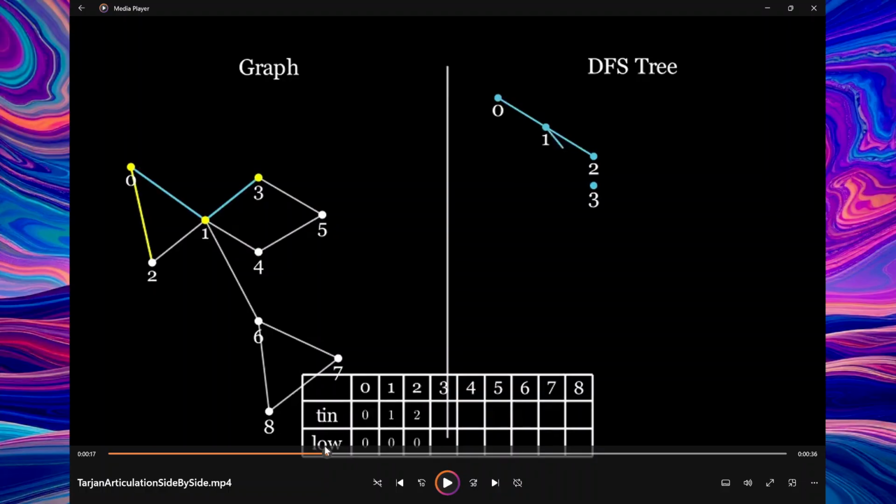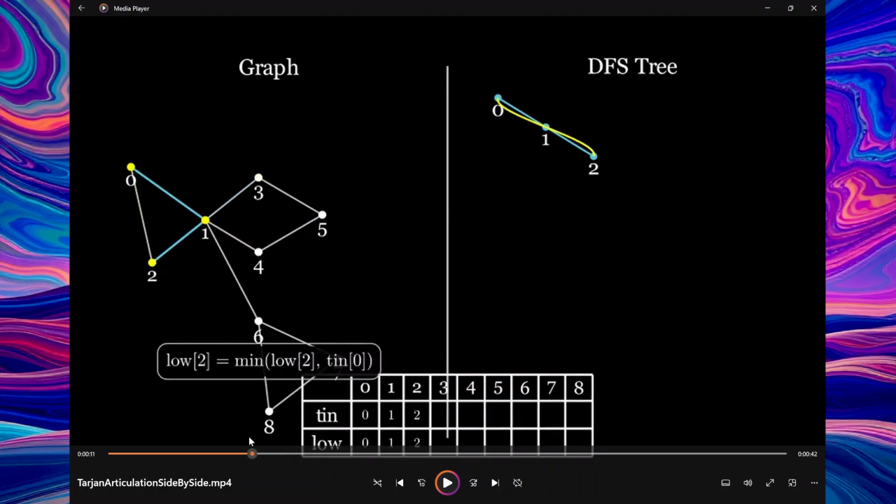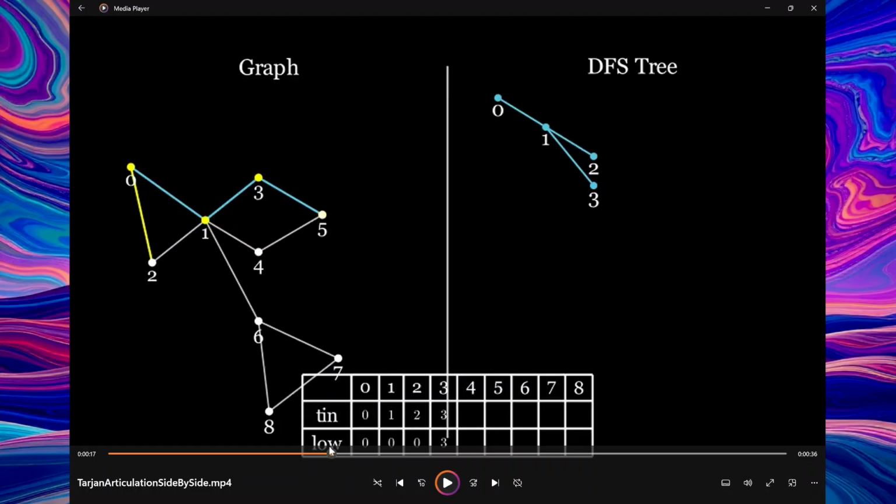What we're going to see is low of 1. So when we see this back edge, right? What this is saying is there's two possibilities.